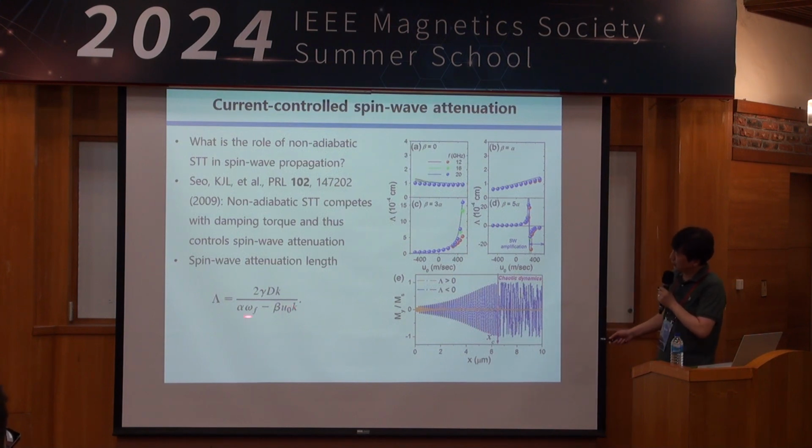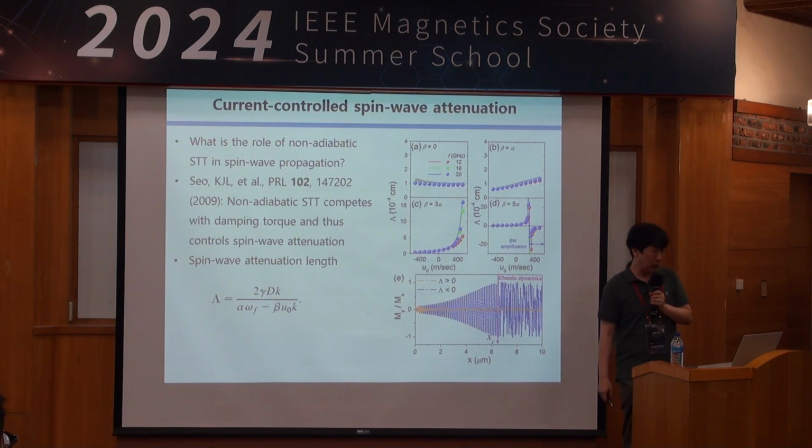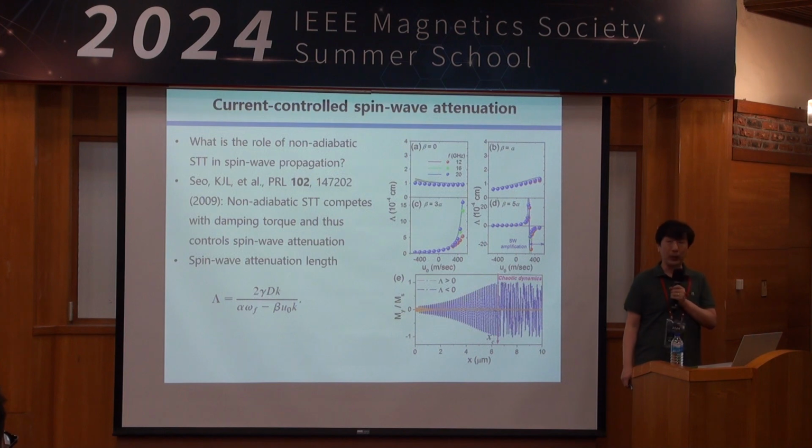When this beta u0 k is the same as alpha omega f, when you apply a large current, then lambda goes to infinity, meaning that it can be negative. If this is larger than this, then you can actually amplify your spin wave amplitude depending on the distance from the spin wave source, because the non-adiabatic spin torque competes with the damping torque in this situation.